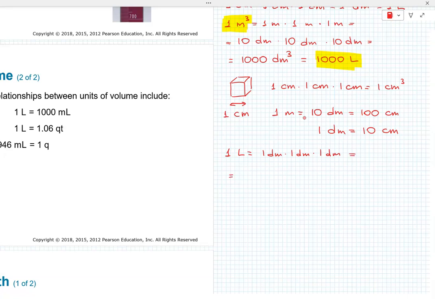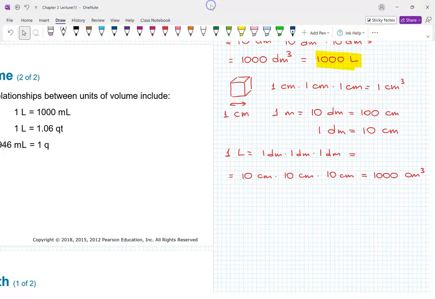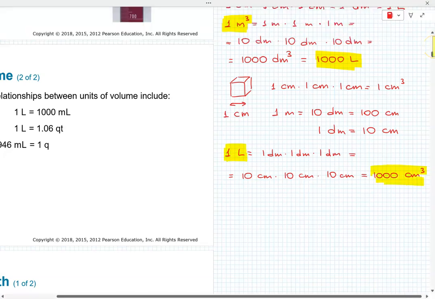So I can replace them with 10 centimeters. 10 by 10 by 10 is what? 1,000 cubic centimeters. So 1 liter contains 1,000 cubic centimeters. Question? Sure? Okay, now hear me out.